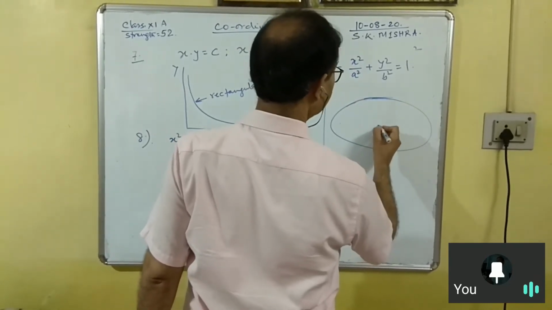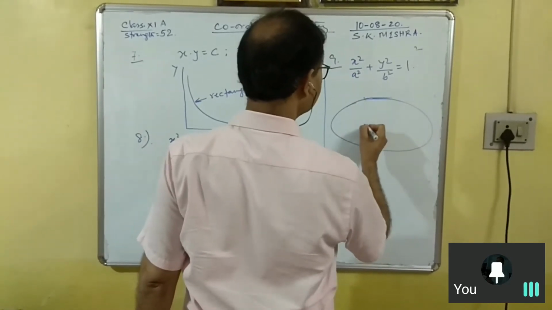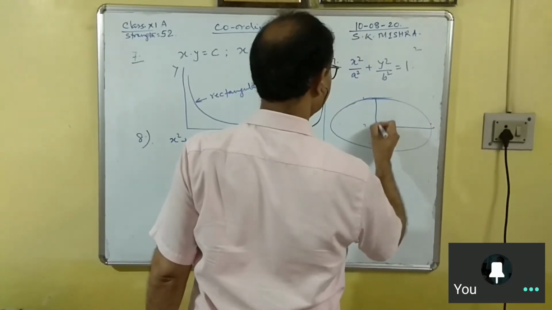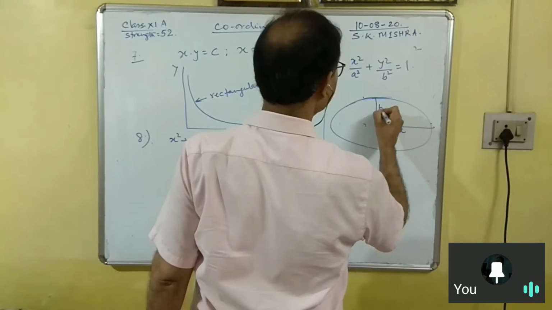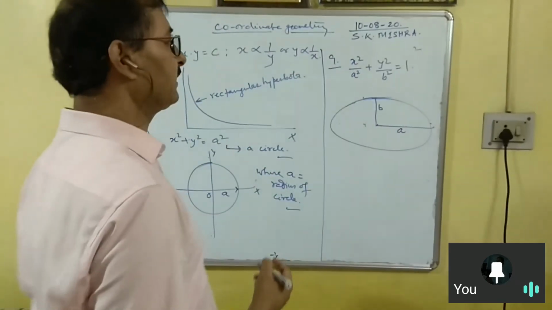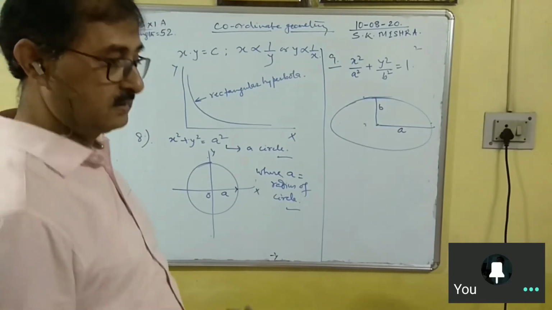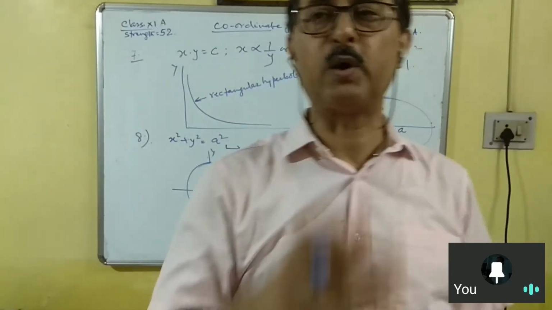So if you consider this is the center, then this distance and this distance will not be the same. Suppose this is A, this is B, then x square by a square plus y square by b square. Like Earth, the equatorial radius and the polar radius are not the same.